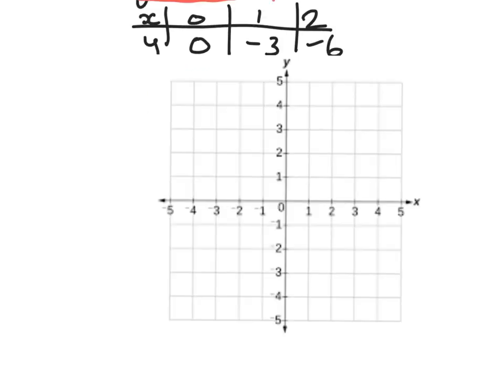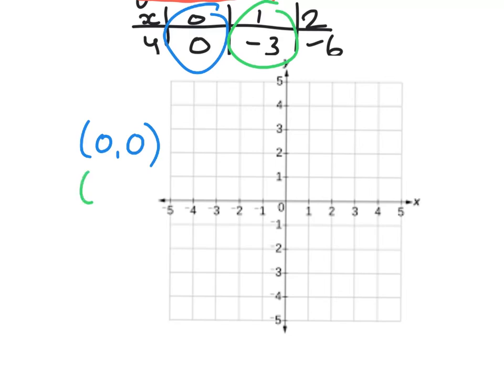I am now ready to plot my points. The 3 points I know lie on the line is when x is 0, y is 0. When x is 1, y is negative 3. And when x is 2, y is negative 6.